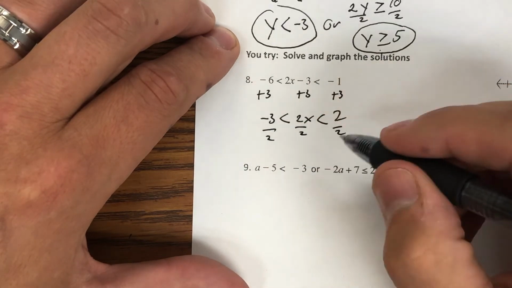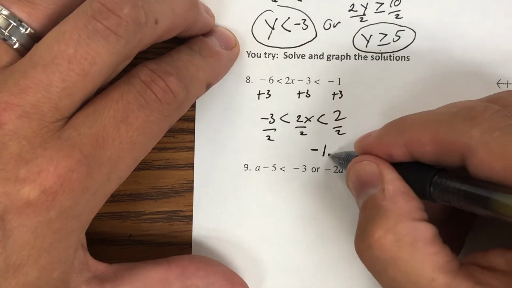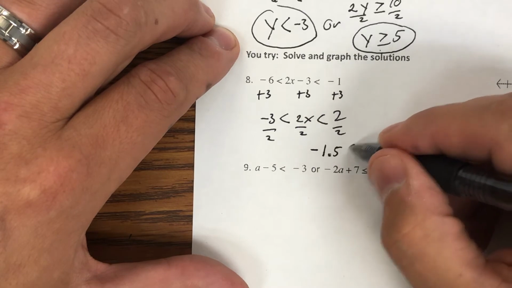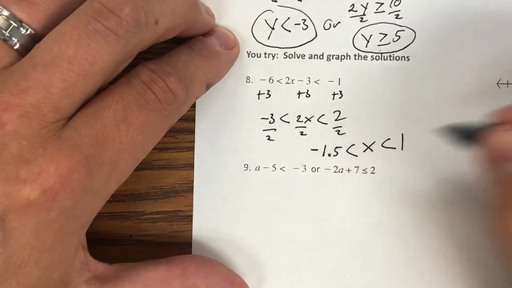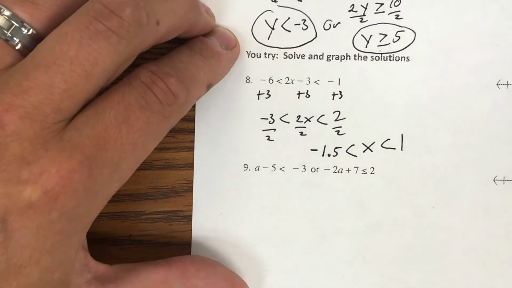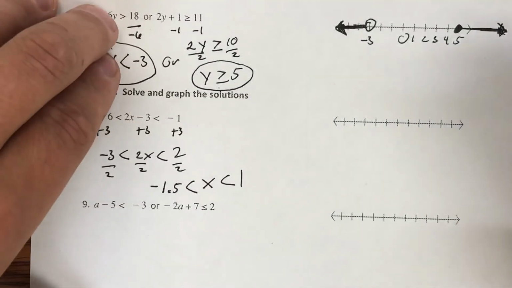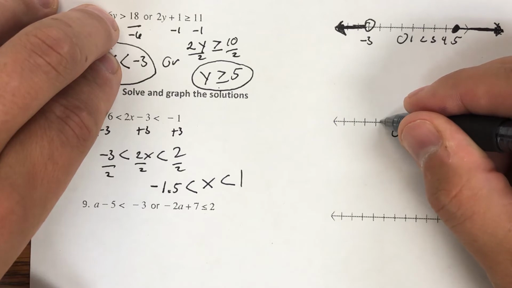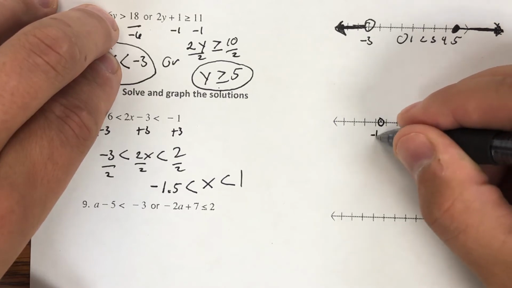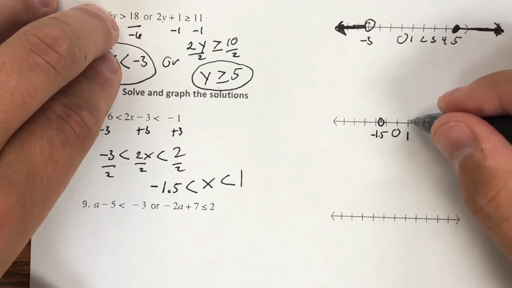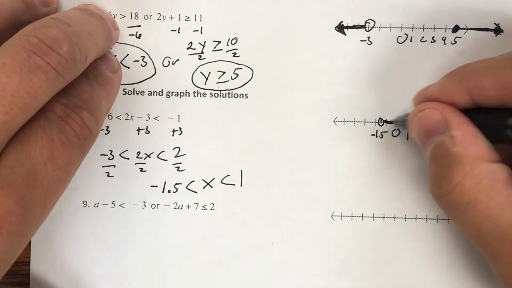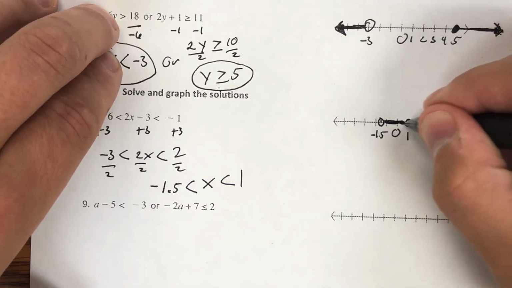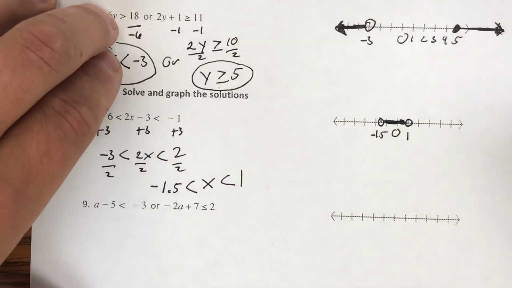So -3 over 2 is -1.5. So -1.5 less than x, less than 1. So it looks like we're between -1.5 and 1. So on our number line, 0, -1.5 is right here. That's an open circle. And 1 is just right here, open circle, shades in between for the ands. And that's our solution for number 8.